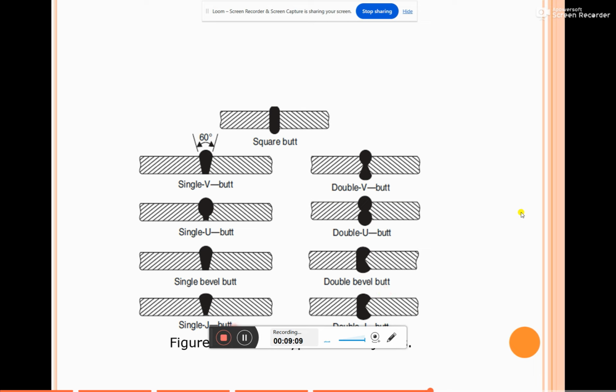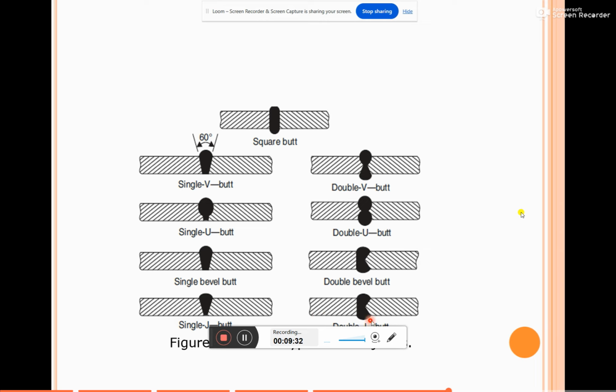The next one is the single J joint and double J joint. In the single J joint, one of the workpieces is machined into a J shape. Such a type of joint is known as the single J butt joint.